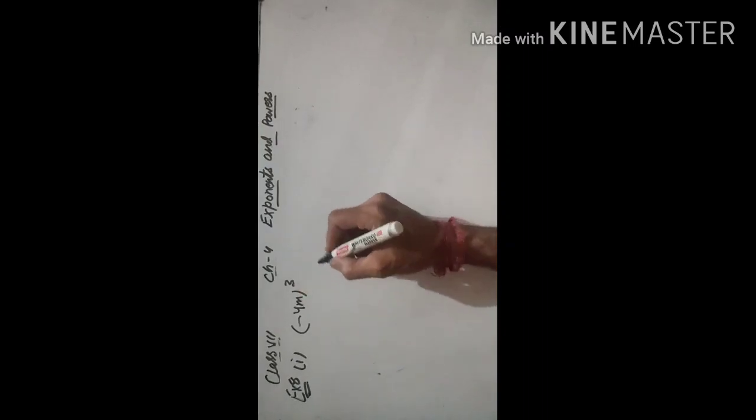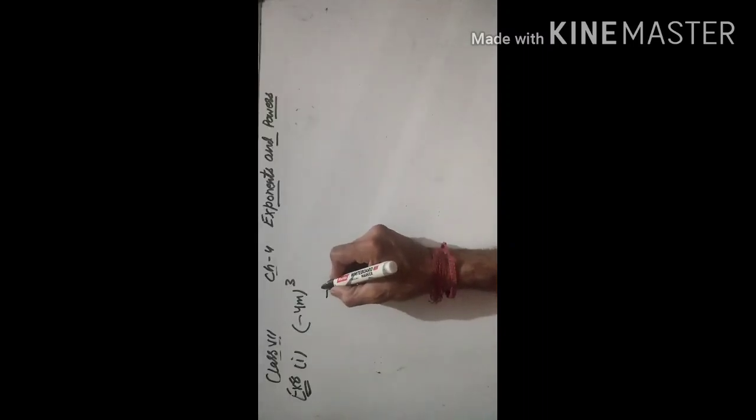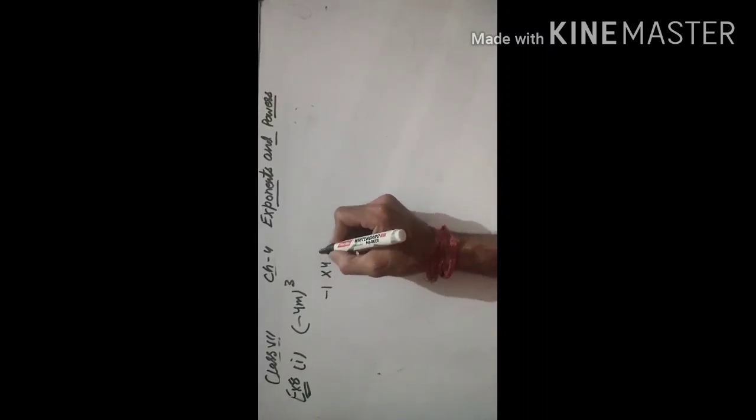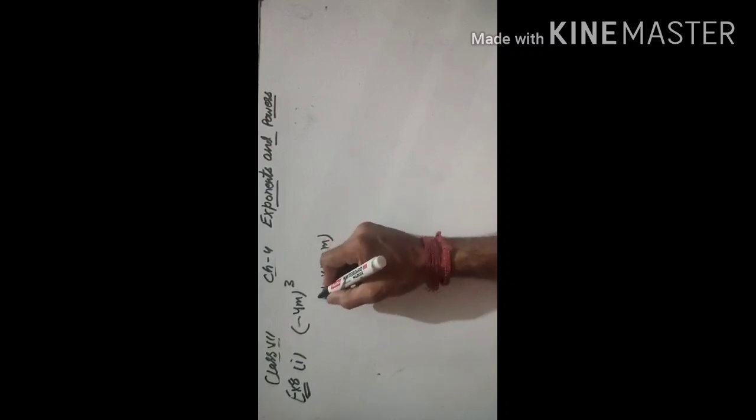Now example 8, first part. Simplify the following: (minus 4m) to the power 3. Now minus 4 we can write as minus 1 into 4, into m to the power 3.